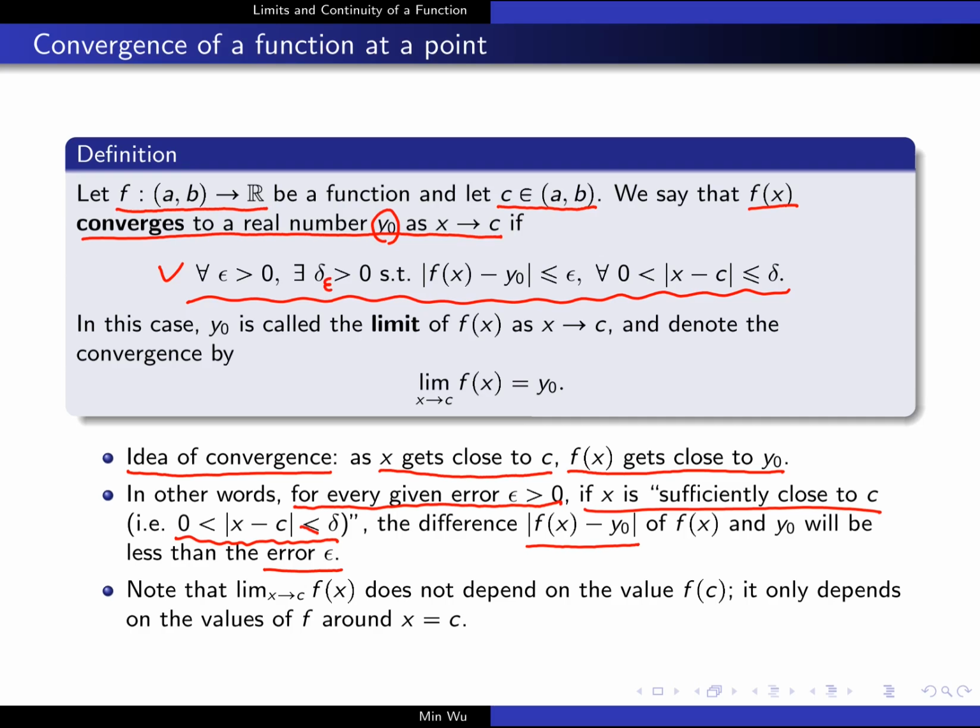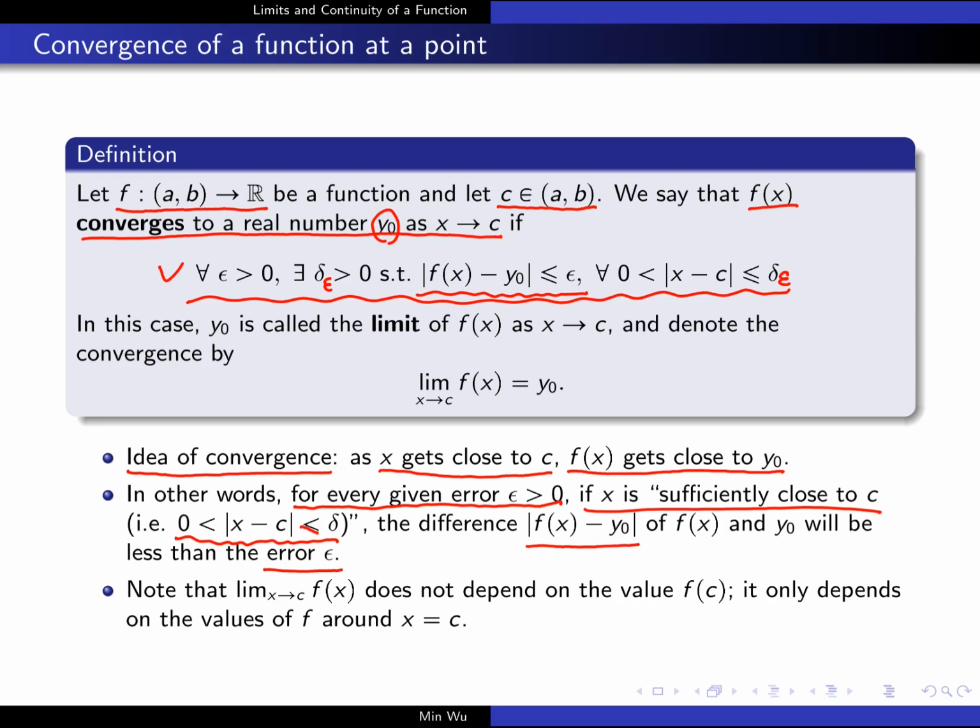So there will exist a delta_epsilon greater than 0, such that if |x - c| is less than or equal to delta, so let's put the epsilon here also, indicating that the delta depends on the epsilon. If this is the case, if |x - c| is between 0 and delta_epsilon, then the difference between f(x) and y0 should be less than or equal to epsilon, which is the error.